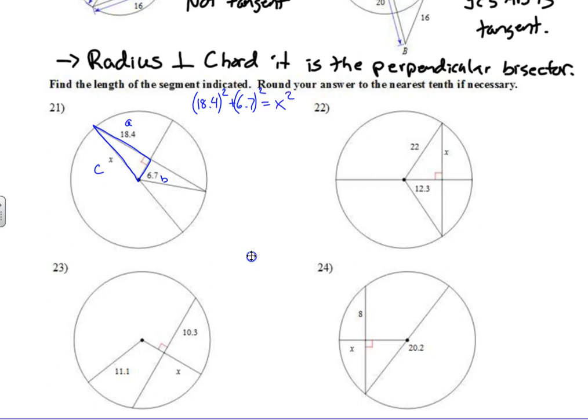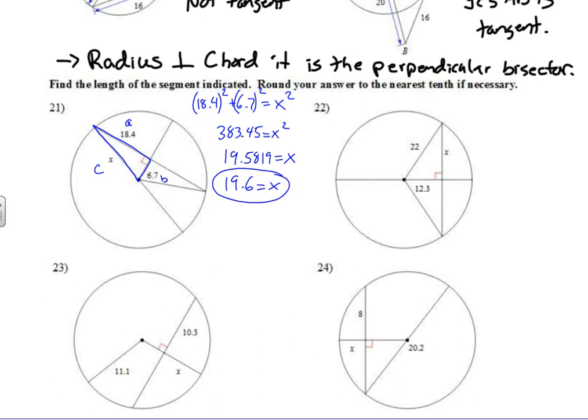So 18.4 squared plus 6.7 squared is 383.45. Then we take the square root of that answer and we get 19.5819 equals x. Rounding to the nearest tenth, 19.6 would be our value for x.